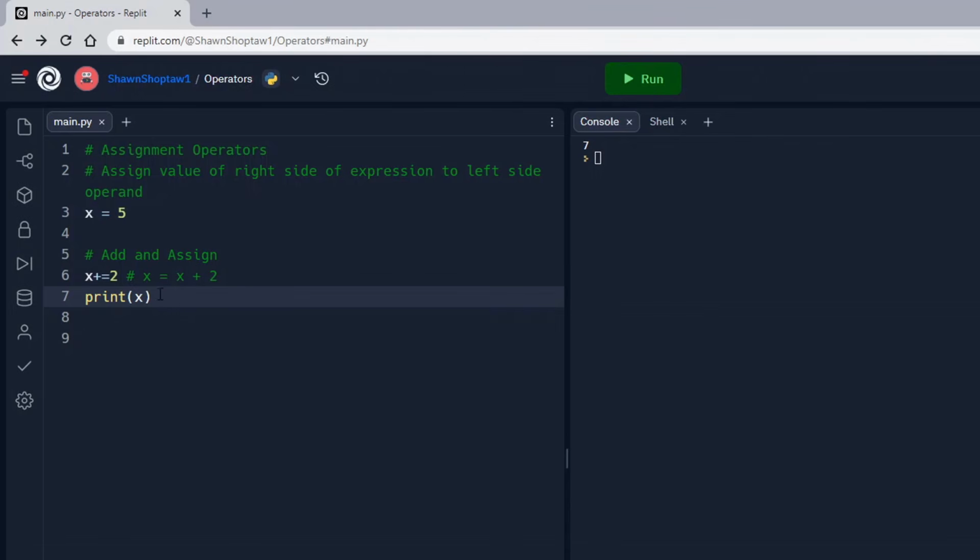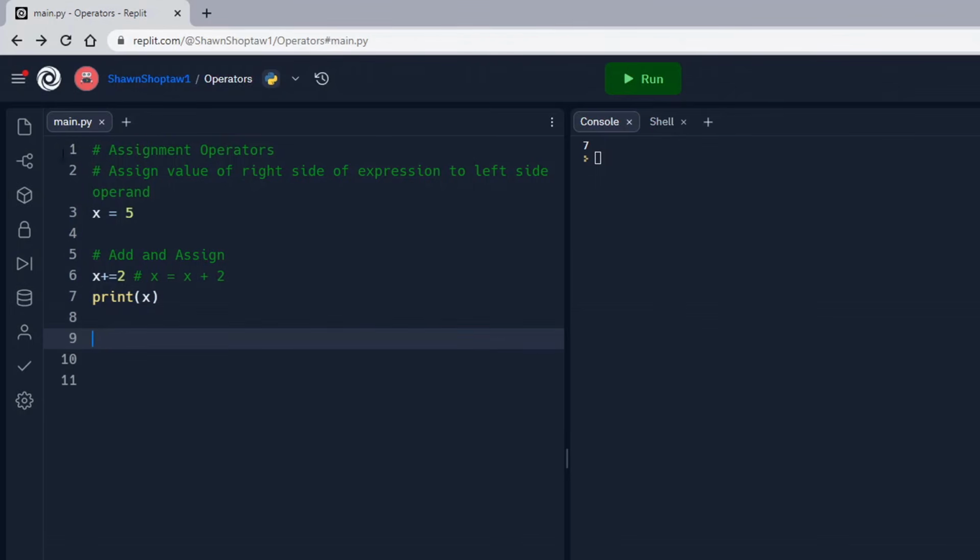Because it assigns it to x, the rest of these that I'm going to show you, I'm going to have to assign x back to the value of 5. If I don't, it's going to continue using that variable. So if I use the next assignment variable and said x minus equals 2, it's actually going to be 7 minus 2. So we don't want that. We want to keep something that stays the same.